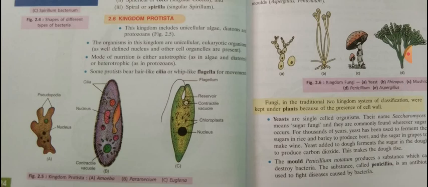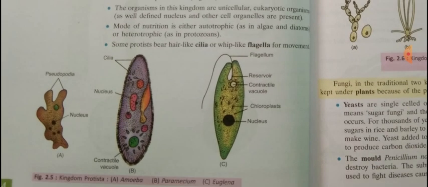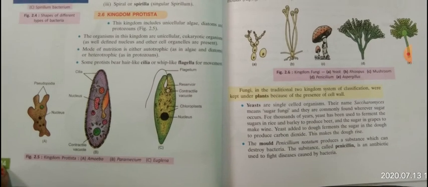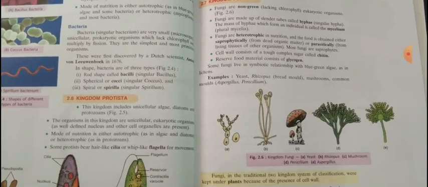They have small hair-like structures which are known as cilia, or whip-like flagella for movement. These are being given here, flagellum and cilia. See the structures. These diagrams are very important. You have to practice all of them in your notebooks.